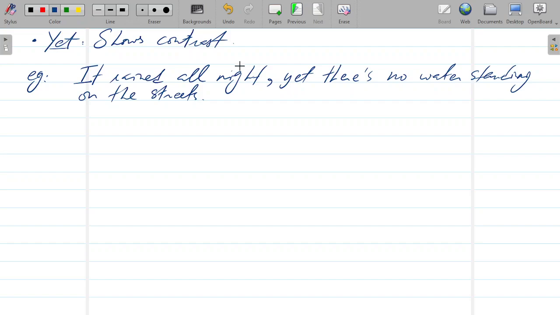Right, so a contrast between what should have been and what happened. Raining all night might give you the impression that there's going to be a lot of water everywhere, but there wasn't.